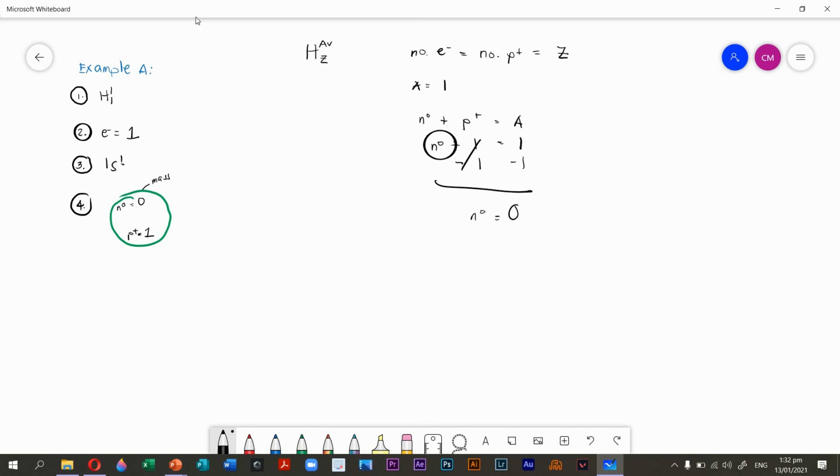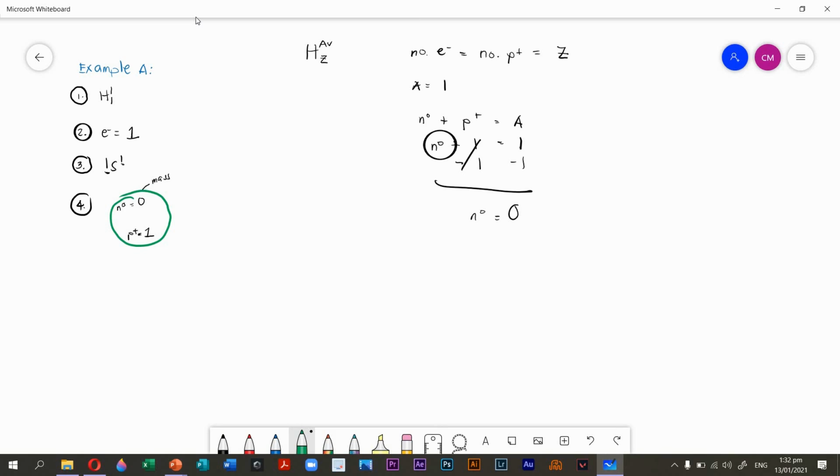The containers of electrons are what we call energy levels. For us to know how many containers electrons can be placed in, we need to refer to these numbers. This number 1 signifies only the presence of one container.